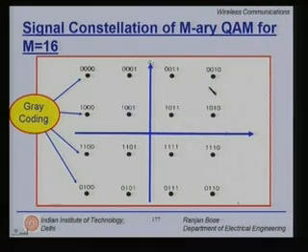So if you consider two extreme points, consider for example this one and this one, the probability of these two being in error, that is you send this one and you interpret it as this one, is very, very low, though non-zero. Then almost all 4 bits need to be flipped, or at least 2 bits need to be flipped. So the number of bits changes, the Hamming distance, is much larger for these two. This method is called gray coding, wherein you only change 1 bit at a time when you move from one signal to the nearest next symbol.